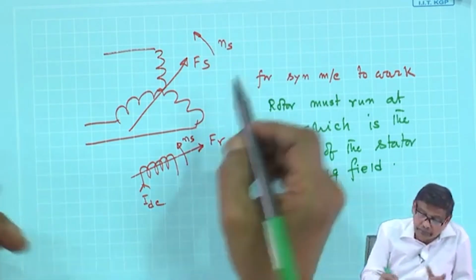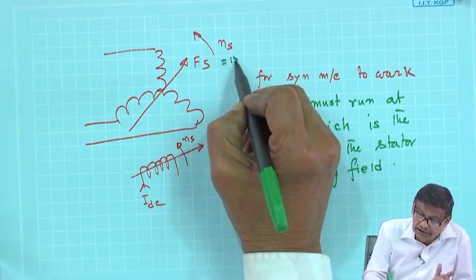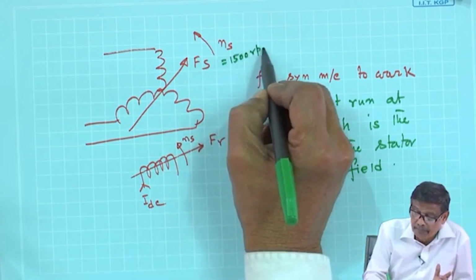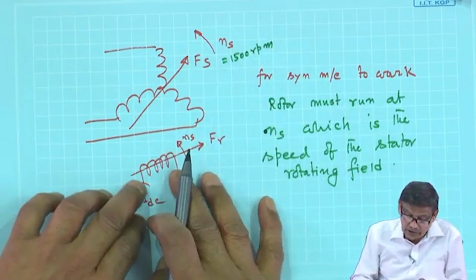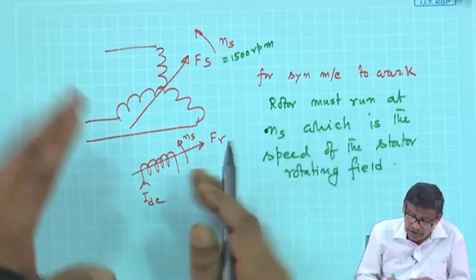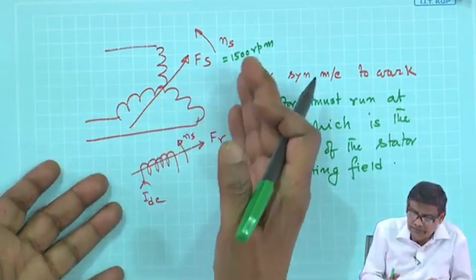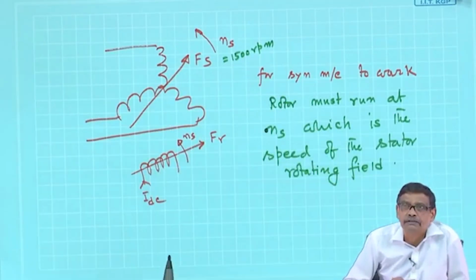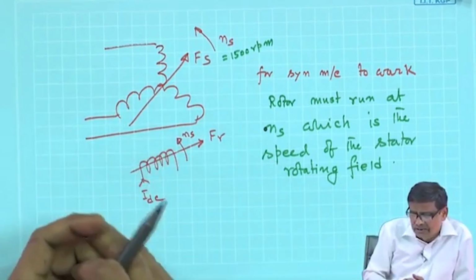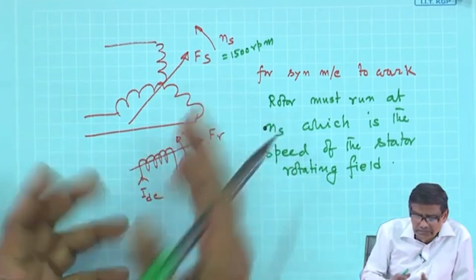For example, suppose a 4 pole machine, this is 1500 rpm. Rotor speed is 0, no torque. Rotor speed is suppose 1400 rpm, I am running it at 1400 rpm by an external agency. Can this machine develop torque?